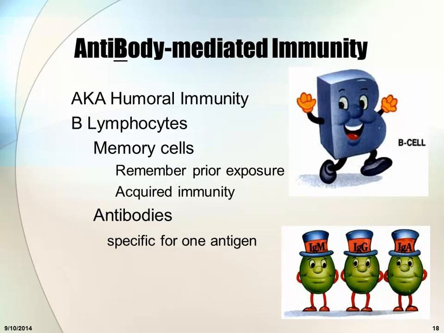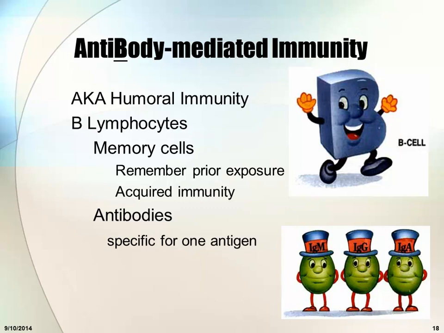So let's look at the other prong of our three processes, the third one, which is the antibody. And you'll notice that I underlined the B there to help you remember that antibody is the B cells, antibody-mediated immunity.